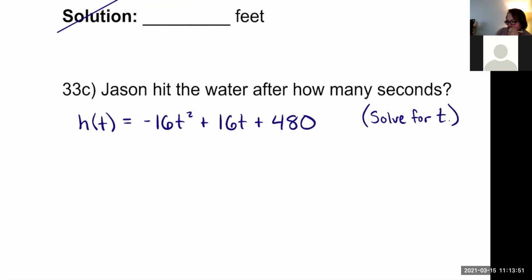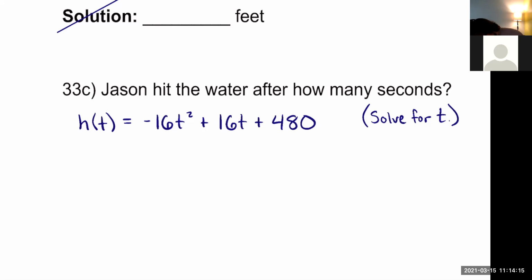In order for us to be able to solve for t, we better know something about the height. If this function is measuring his height above the water, what is his height above the water the moment he hits the water? 0, because that means he's literally on the water.